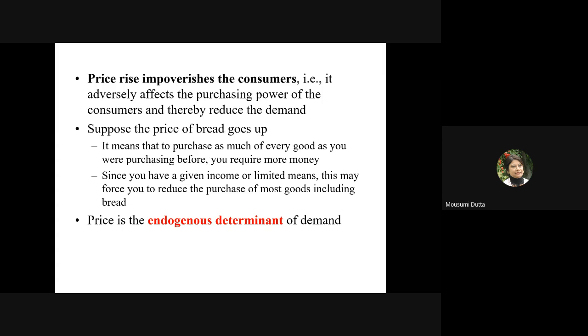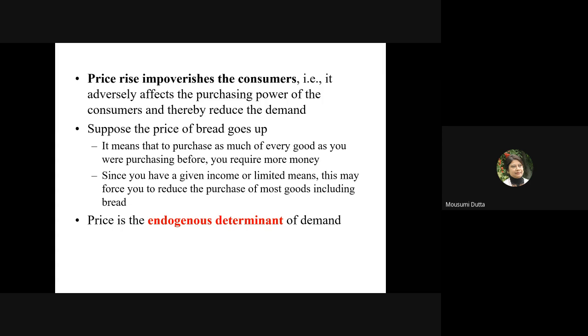I started to talk about the breakfast basket consisting of bread, butter, egg, milk, etc. So if this is the breakfast basket, and the price of butter increases too much, in that case we have to change the consumption of butter in a particular way so that I can maintain the satisfaction which I get out of the entire breakfast basket.